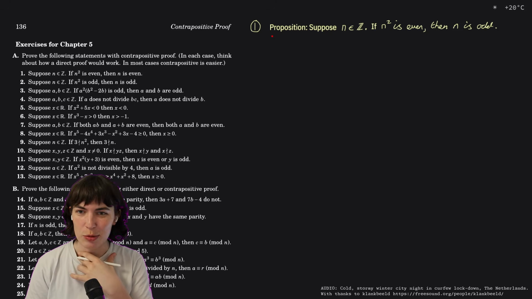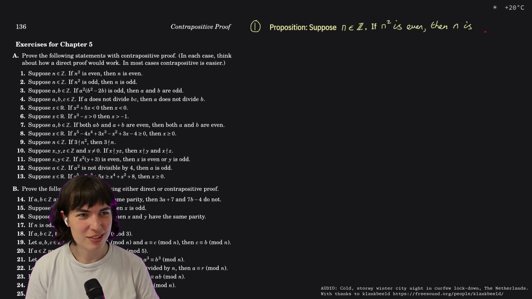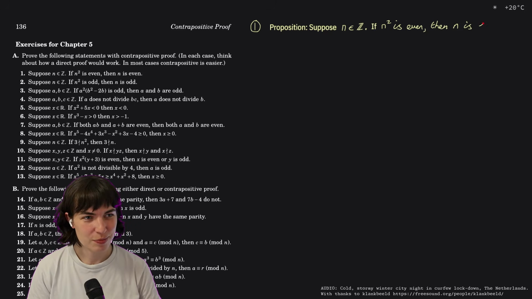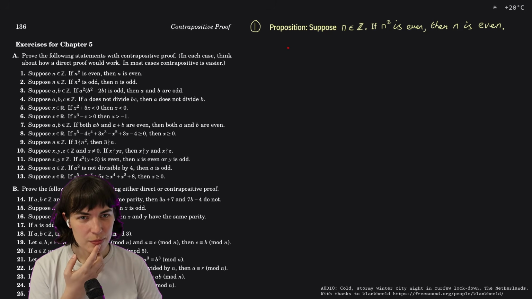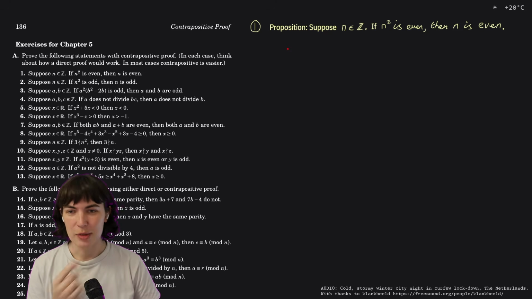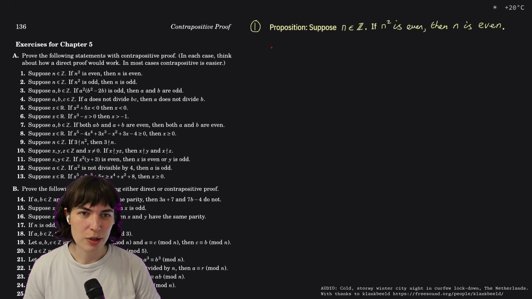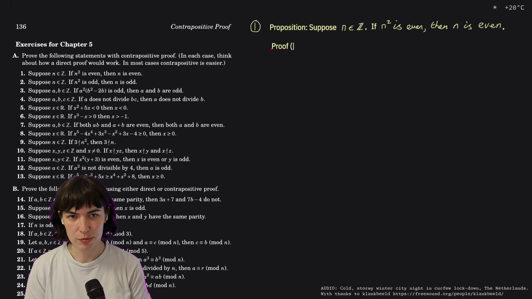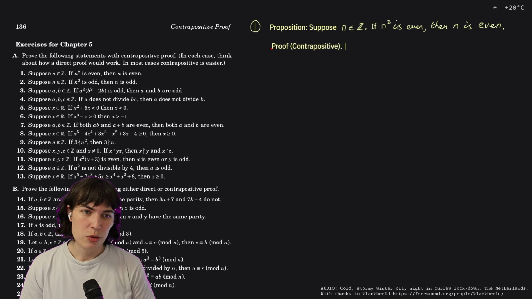I'm gonna have trouble proving that one. Oh yeah. Sorry, I'm not paying attention. Okay, right. So we're trying to do this with contrapositive proofs. So we want to invert.